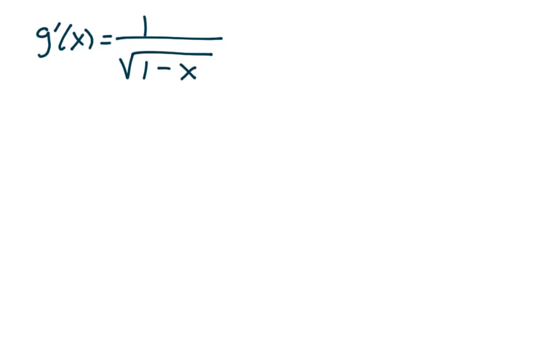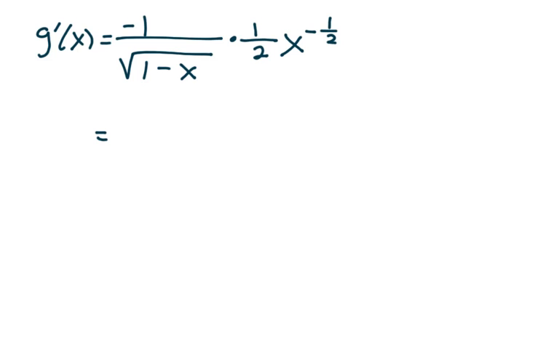And so g prime of x is negative 1 over the square root of 1 minus x, times 1/2 x to the negative 1/2. So that's just power rule to take the derivative of square root of x.